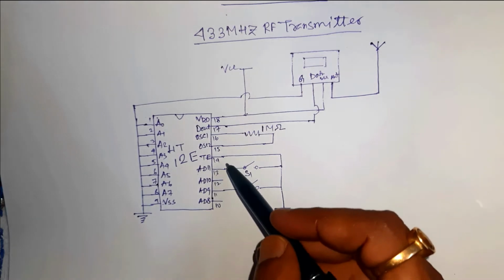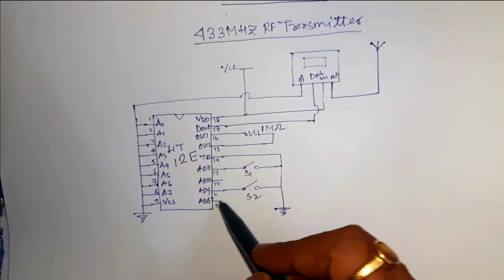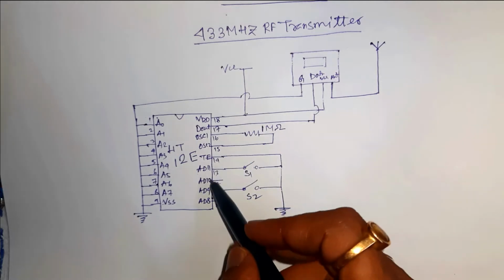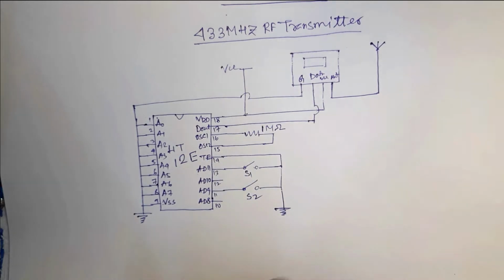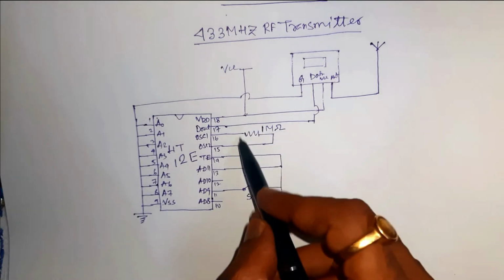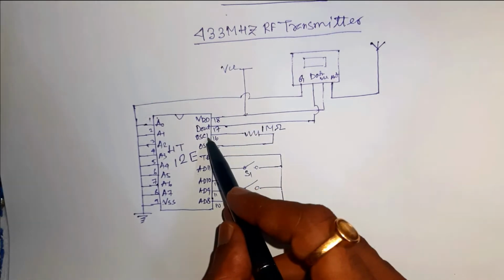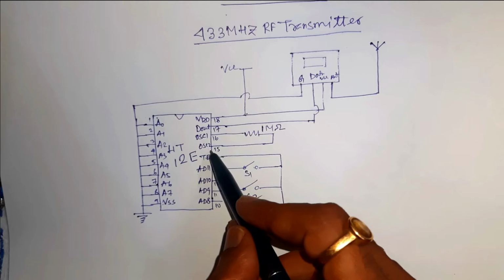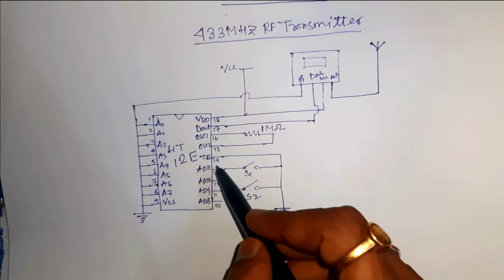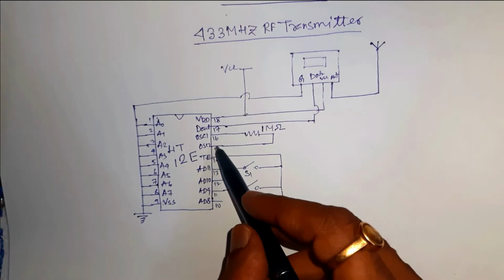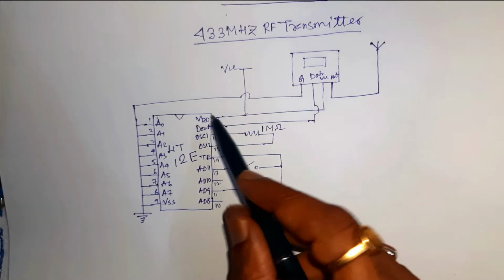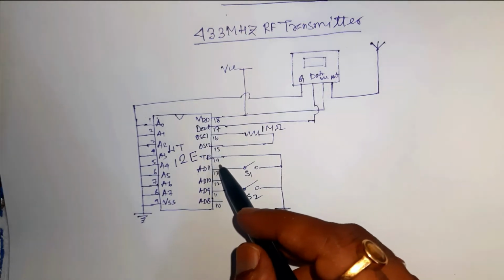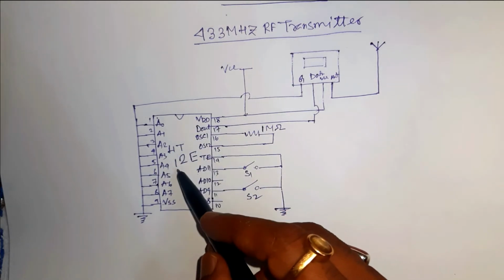You can use other pins, that is AD10 and AD8. Here we have used only two switches, S1 and S2. And a 1 mega ohm resistance is connected between pin number 15 and 16, which provides the external resistance for the operation of the internal oscillator of the IC HT12E.